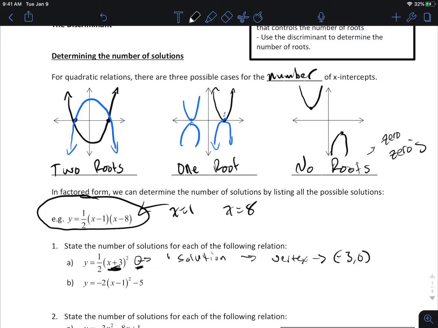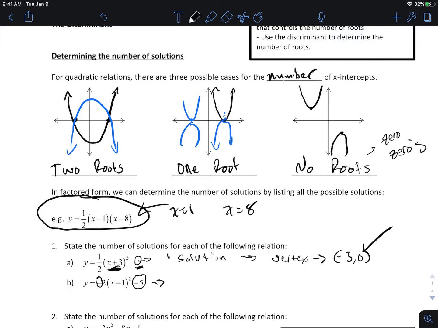So I can see that's on the x-axis, so there's one solution. The next one, what happens? The A value is negative, and I moved it down. How many solutions do I have? 2? Is it 2?